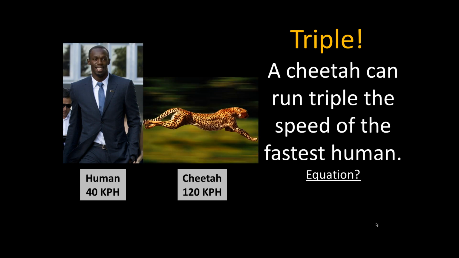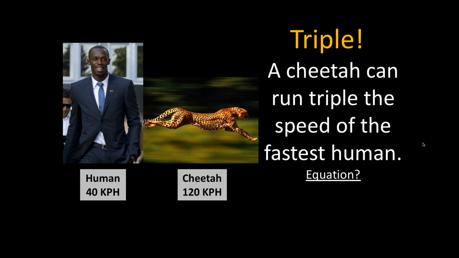The next one, we're going to look at triple, because a cheetah can run triple the speed of the fastest human. Amazing, right? So we have a human with 40 kilometers per hour, a cheetah with a top speed of 120 kilometers per hour. And what would that equation look like?